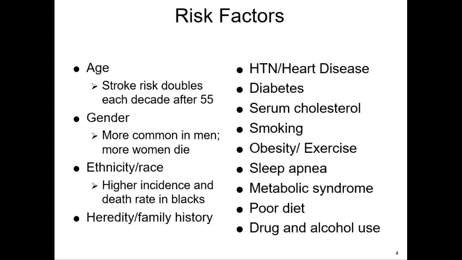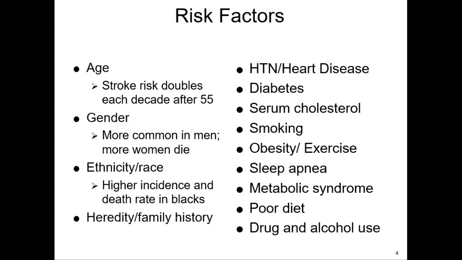Under heart disease, atrial fibrillation is responsible for 25% of all strokes. This is a big deal, guys. Anybody with atrial fibrillation needs to be on anticoagulation. Some other issues might be myocardial infarctions, cardiomyopathies, valve disorders, and patent foramen ovale.